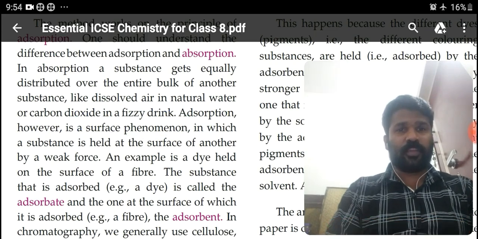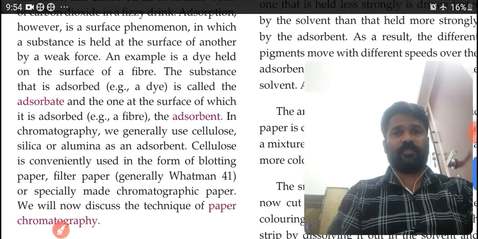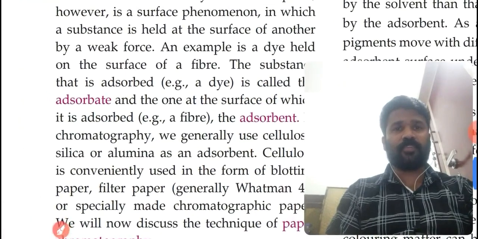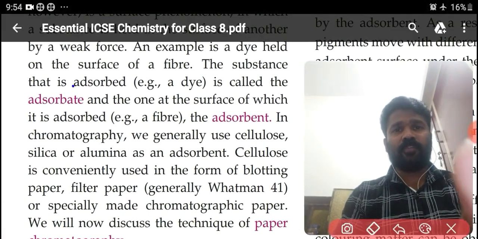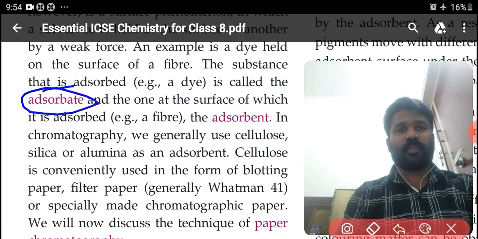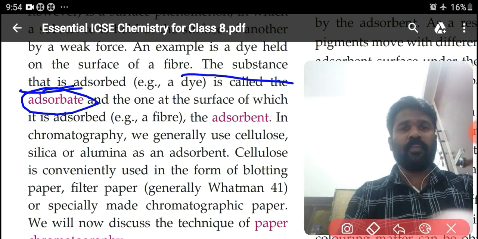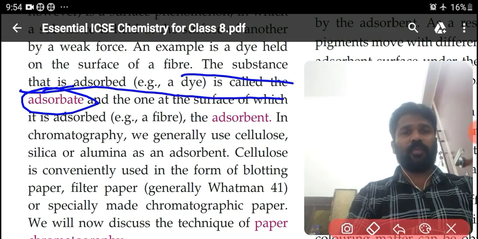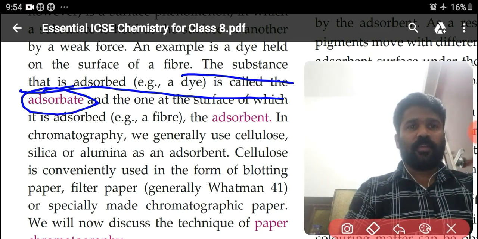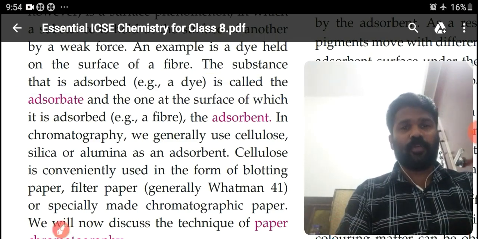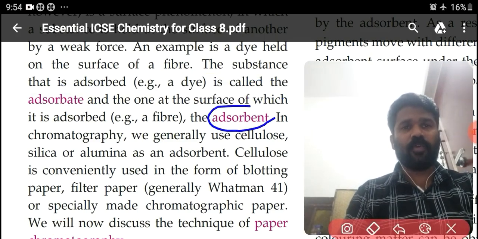The substance that is adsorbed is called the adsorbate, and the one at the surface of which it is adsorbed is called the adsorbent.